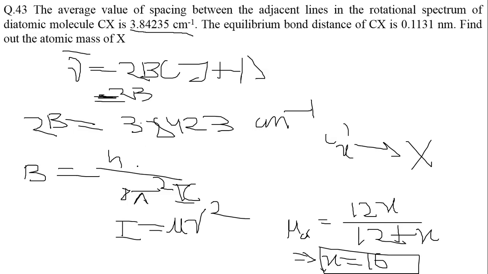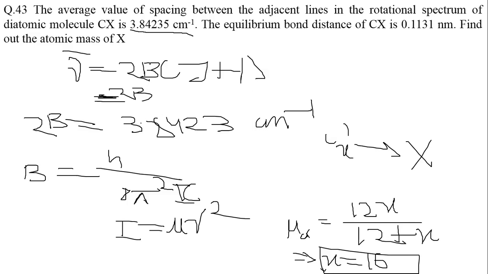This 2B value equals the given value of 3.84235 centimeter inverse. When we equate this value by putting the expression for B, the unknown is the moment of inertia. From the moment of inertia we can calculate the atomic mass of X, because the bond distance of CX is given and the only unknown is the mass of X.